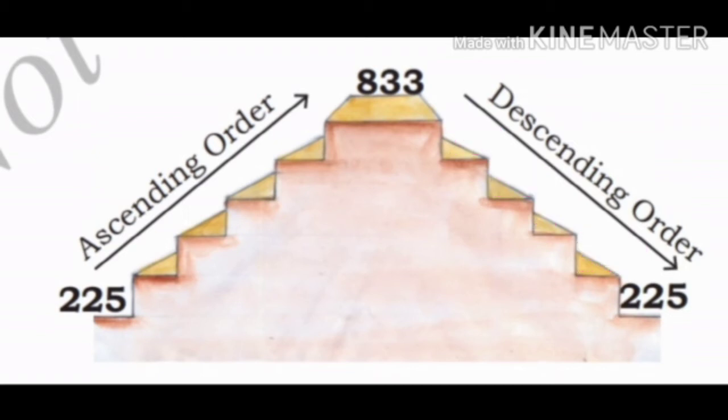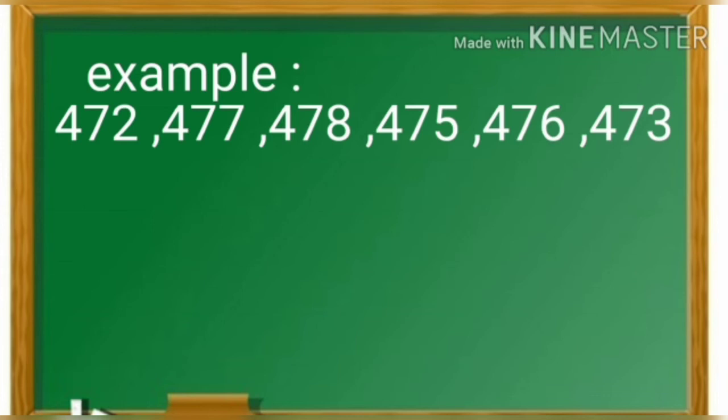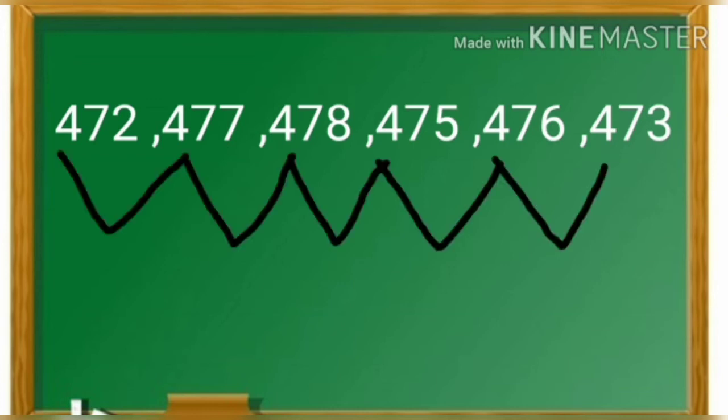Let us observe another example. In 472, 477, 478, 475, 476, 473, arrange in the ascending order. First of all, we observe the digits in the hundreds place. In the hundreds place, all are same. Then observe the tens place.